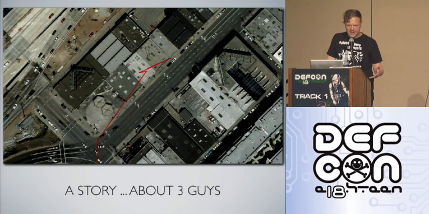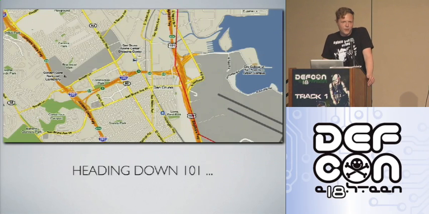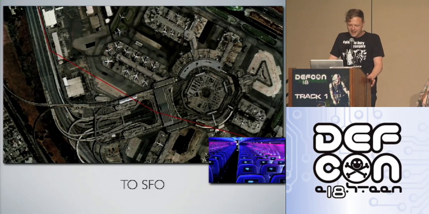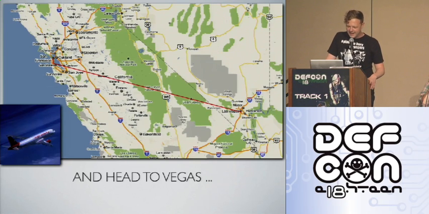Like a story about three guys who started at their office in South of Market in San Francisco, walked down to the corner, caught a cab, headed down the 101 to San Francisco International Airport, where they checked in the terminal and boarded a Virgin flight, and flew Southwest down to Las Vegas.